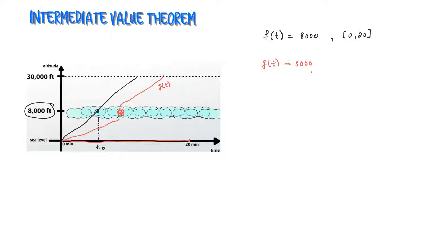That time is not going to exist. That vessel will never hit the mark of 8,000 feet, and that's because of that gap right here. That means that continuity of the function is crucial if we want to be able to hit the 8,000 feet mark. The function must be continuous. So continuity, it's a big deal for the intermediate value theorem.